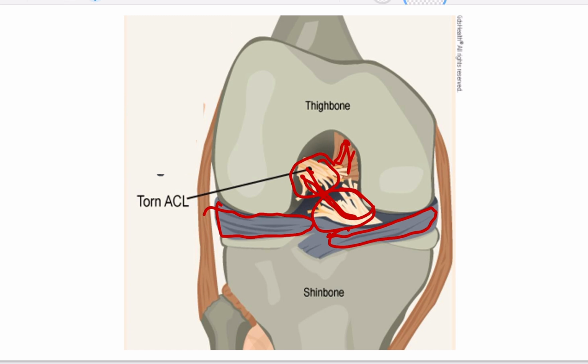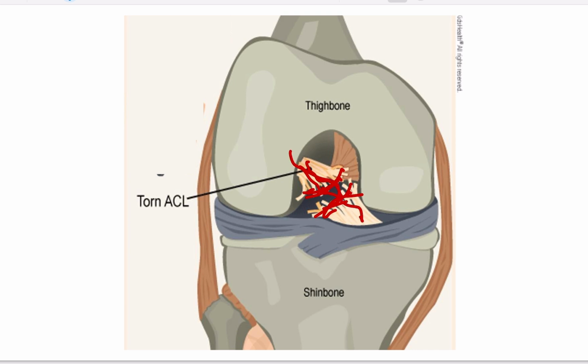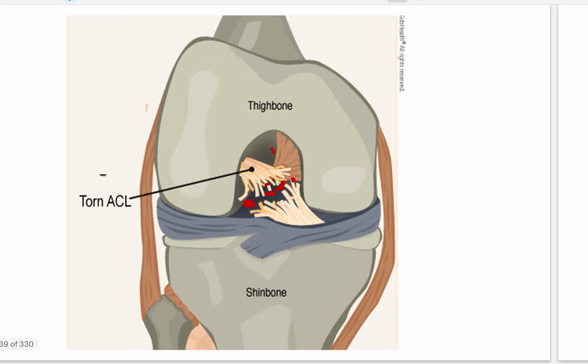And here we can see the anterior cruciate ligament is torn. When the anterior cruciate ligament is torn, the blood vessel going through it, the medial genicular artery, will be ruptured, and the blood will accumulate in the joint and cause the knee joint swelling.